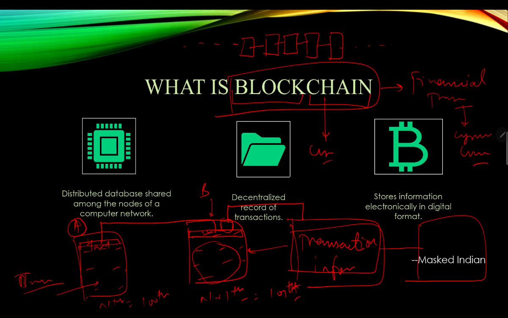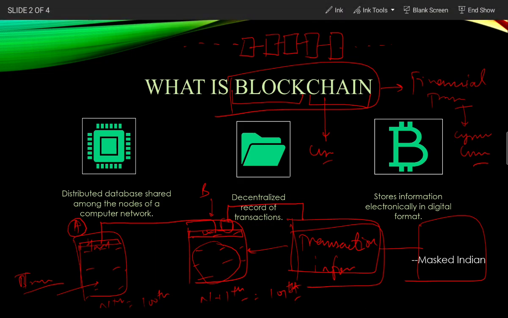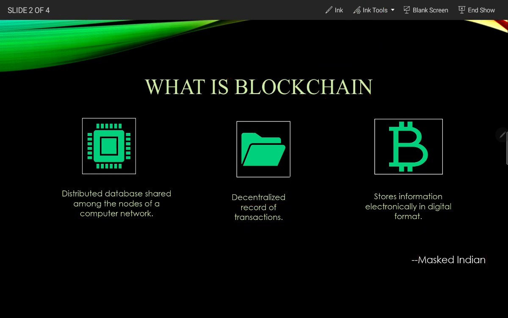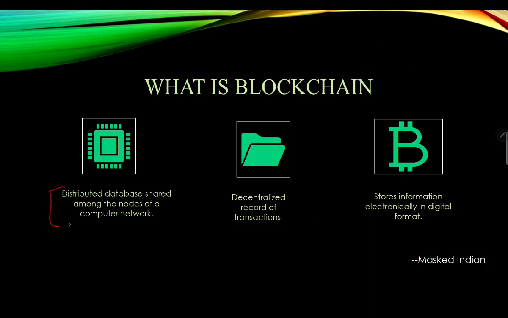So again, I would like to give a more detailed explanation to this. You will see what exactly I have tried to categorize into 3 parts. What is a blockchain? Blockchain is basically a distributed database among the nodes of a computer network.